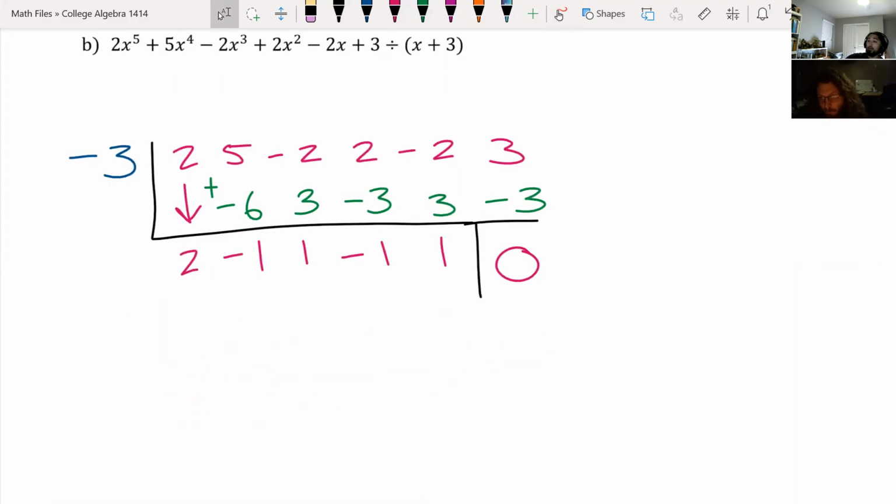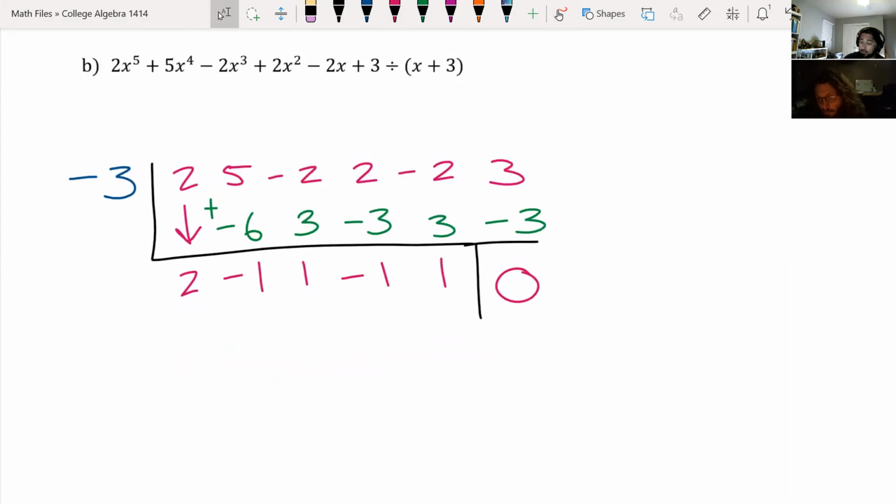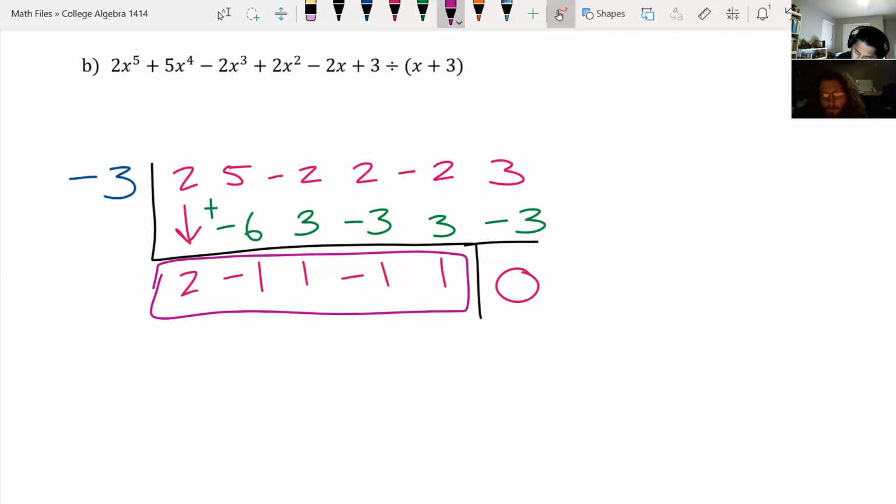Okay, let's go ahead and rewrite the quotient, which is right there. So there's our quotient. And remember, we have reduced all the exponents by 1. So what is my leading term going to be? 2x to the 4th.